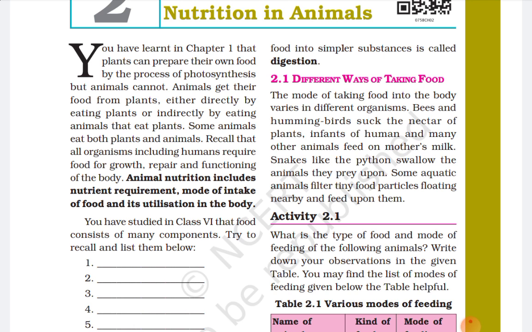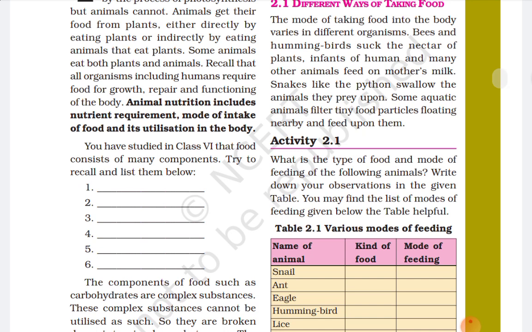You have studied in class 6 that food consists of many components. Try to recall and list them below. There are 6 columns and we can write anything.